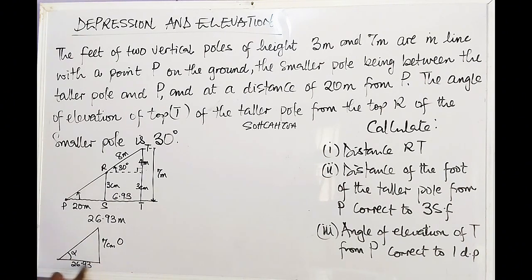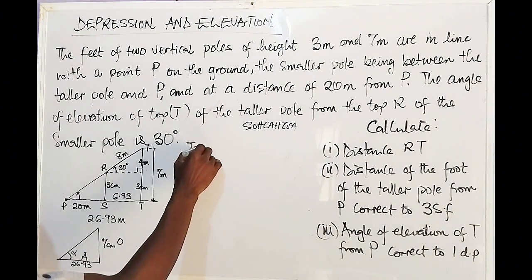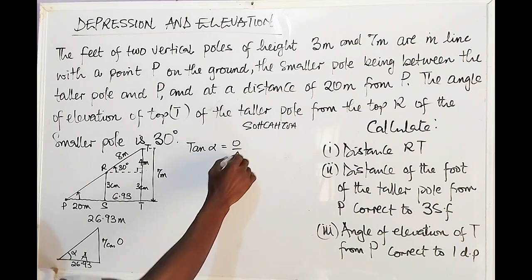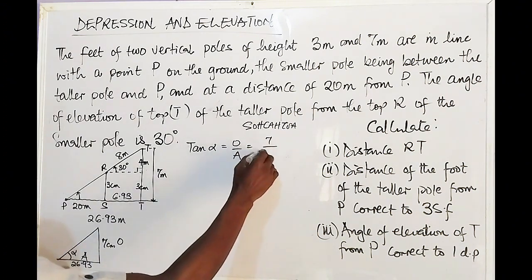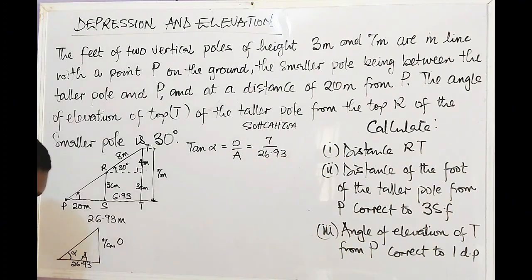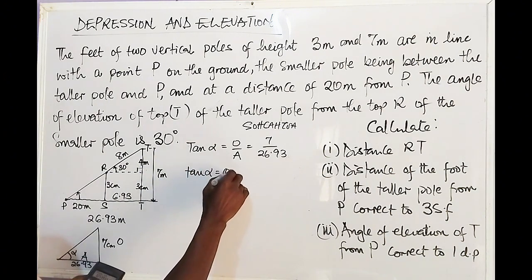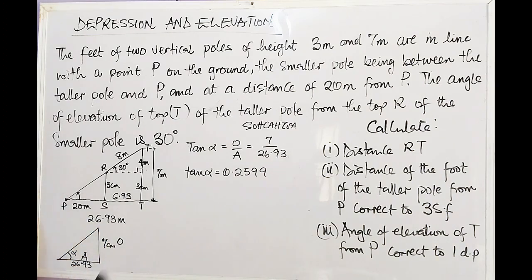And at the bottom here, we have 26.93, which is our what? Adjacent. So we have TOA. So tan theta or tan alpha equals opposite over what? Adjacent. Now opposite here is what? 7 all over 26.93. So 7 divided by 26.93, and you get tan alpha equals 0.2599.